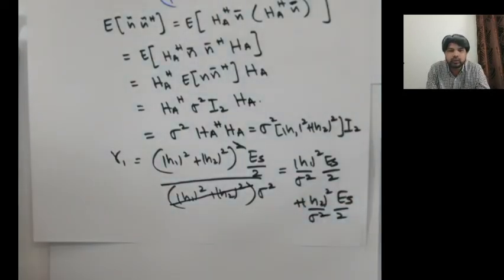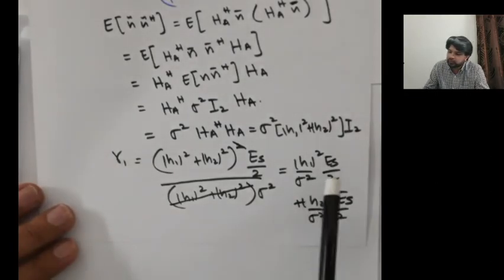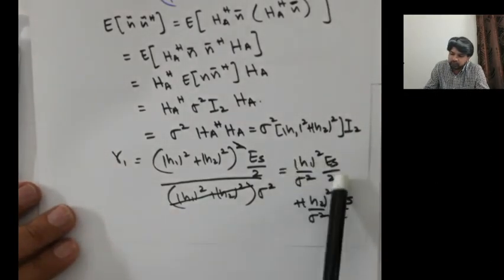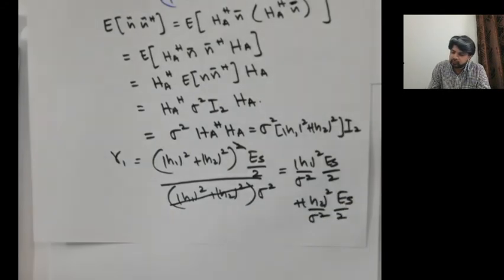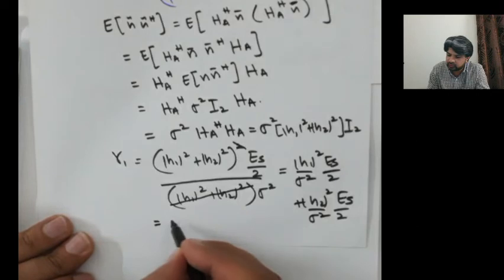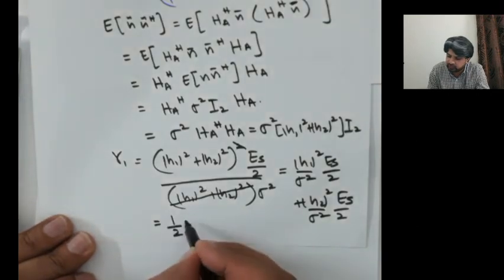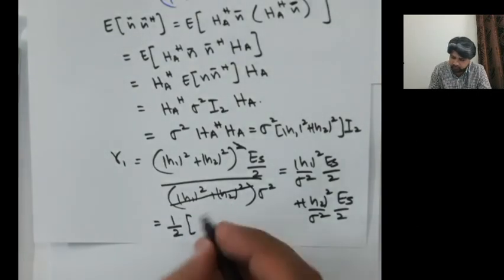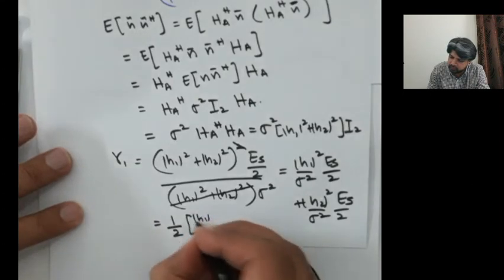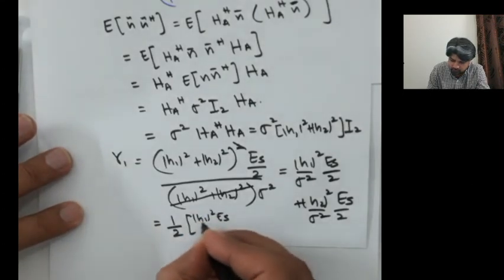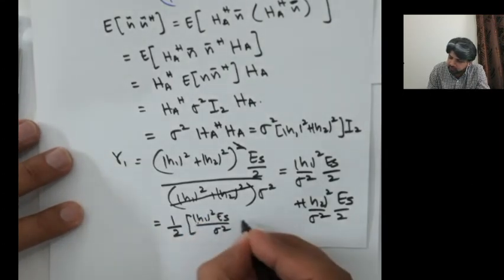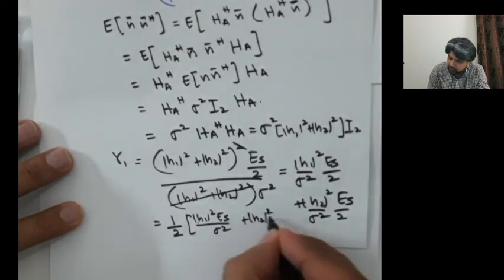So your signal to noise ratio of the first branch is the signal to noise ratio of the second branch divided by 2. You can see this is nothing but 1/2 times H1 mod squared times Es over sigma squared plus H2 mod squared times Es over sigma squared.